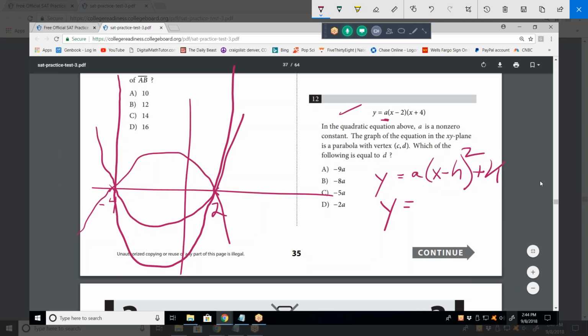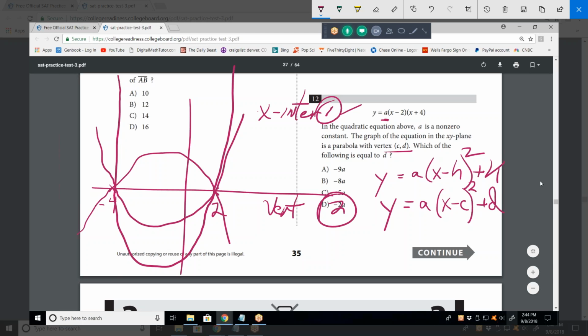Yeah. And they're telling us the vertex comes at C, D. So this equation is y = a(x minus c) squared plus d. So this equation number one is the same exact as that equation number two. It's just this one, number one, is in x-intercept format. And this equation is in vertex format.